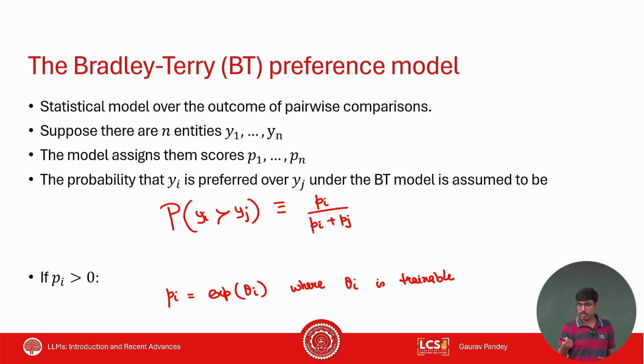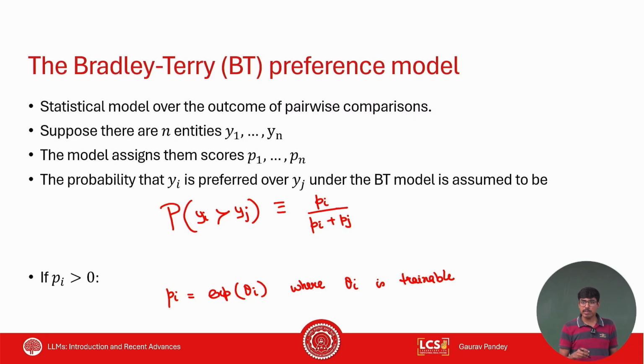These are the parameters that you have to estimate. When you are fitting a preference model, all you will be given are preference pairs, like y1 is better than y2, y2 is better than y3. Your task will be to learn these pi and pj that fit the preferences. So this is the general preference model.